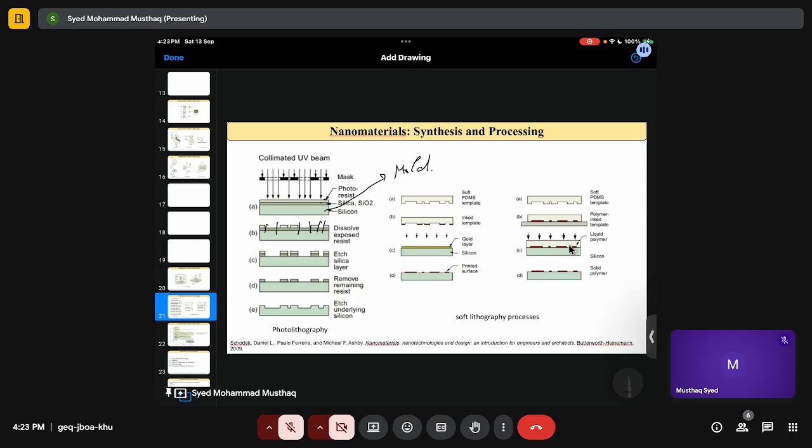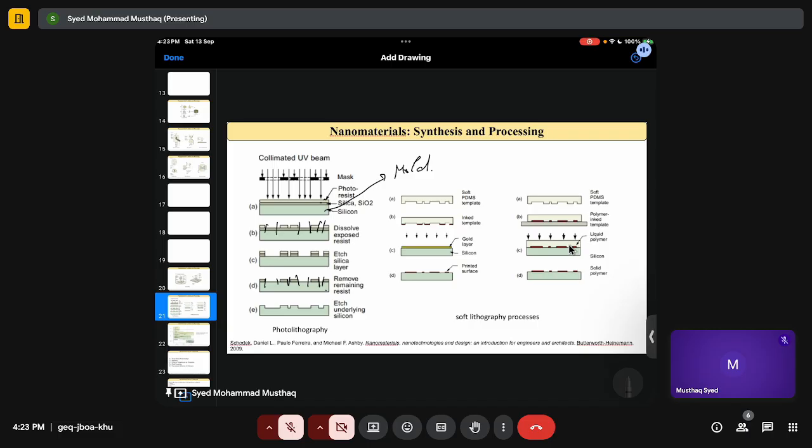Now I am remaining with these guys. So I will remove the remaining resist and then etch the underlying silicon. I will etch this part, because SiO2 is stable. SiO2 will not react with some of the acids, and we use those acids to react with silicon only.